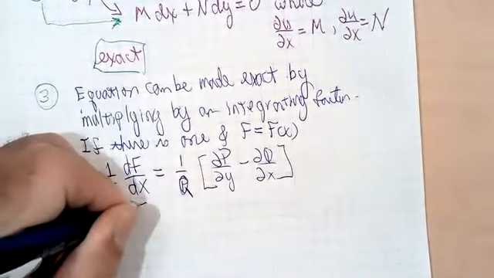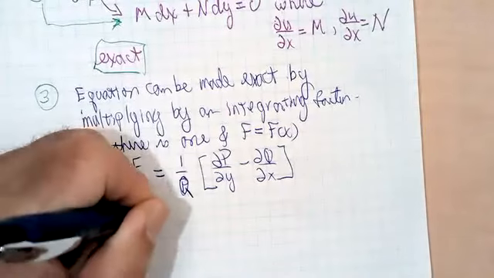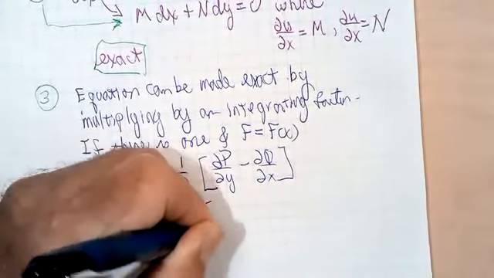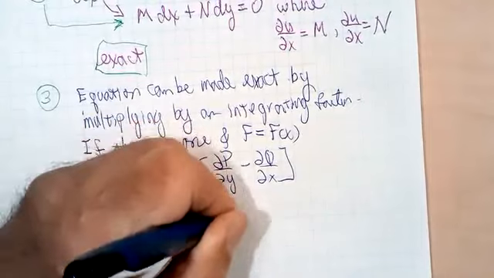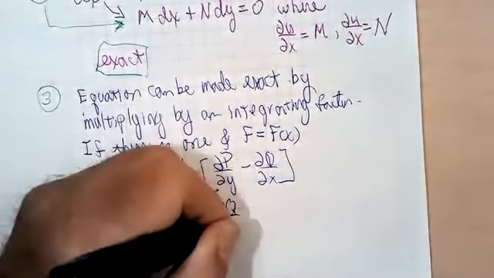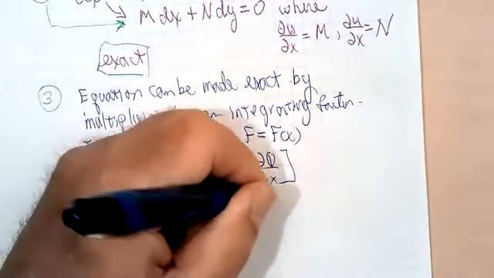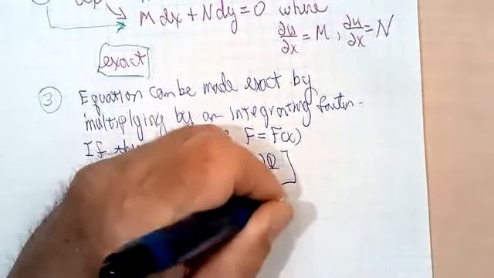And if it's a function of y alone, it satisfies this: 1 over P, partial Q with respect to x minus partial P with respect to y.